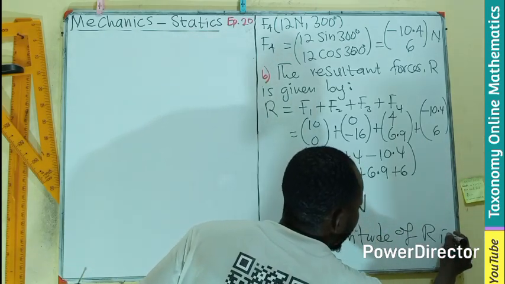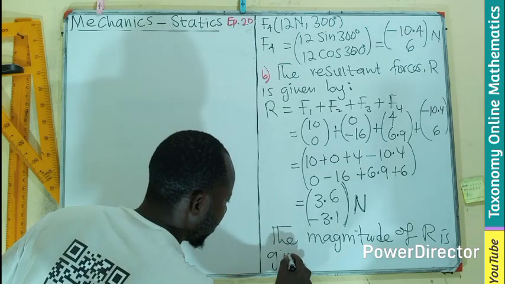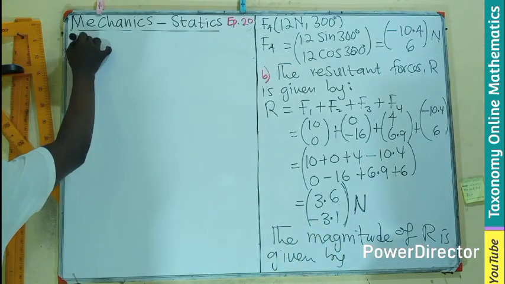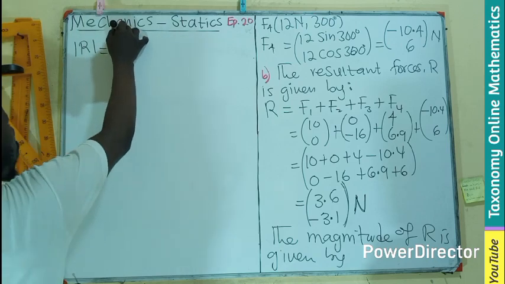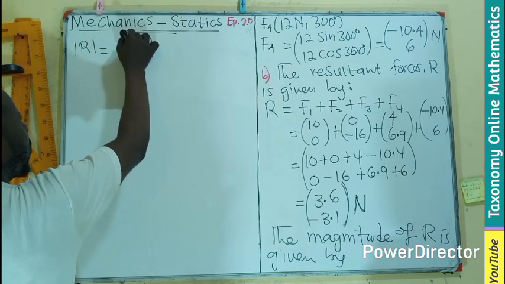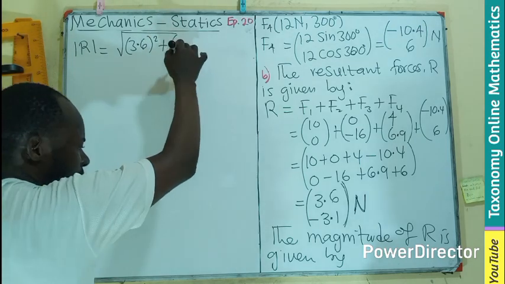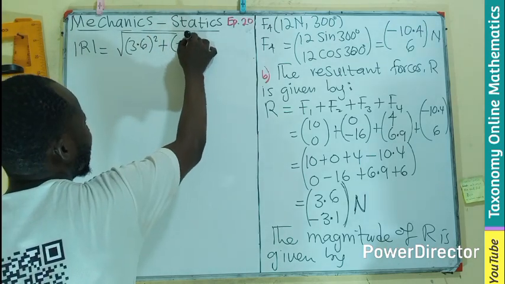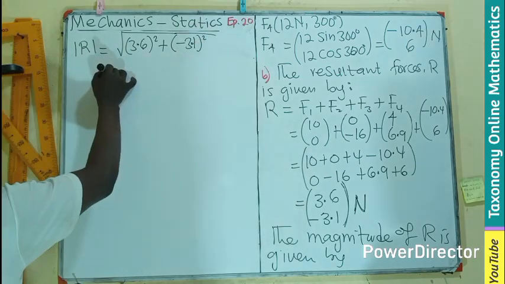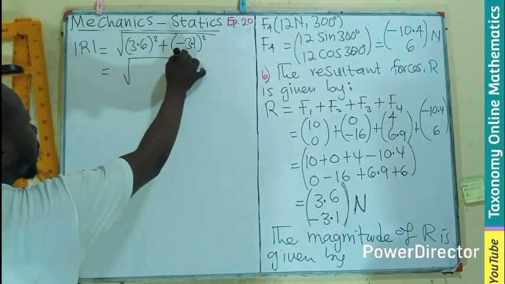So the magnitude of R is given by the root of the X component, 3.6, all squared, plus the Y component, negative 3.1, all squared. Let's put that in our calculator.